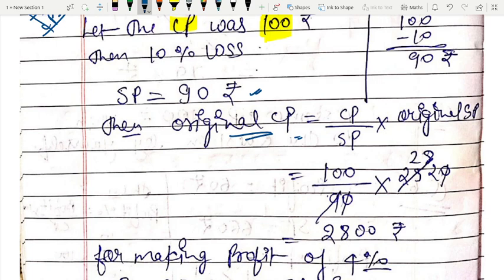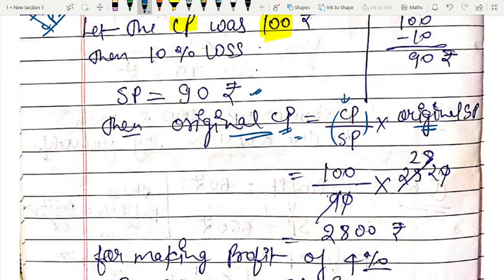By direct variation we can multiply by the ratio, cost price upon selling price. Since CP is asked in the question, it will be CP upon SP multiplied by the original SP.